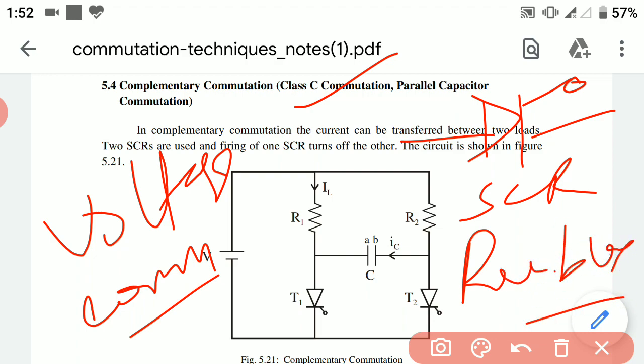Reverse bias means anode will be at negative potential and cathode will be at positive potential. If we reverse bias our thyristor, it will be turned off because of reverse bias. So here we are using the voltage commutation technique.